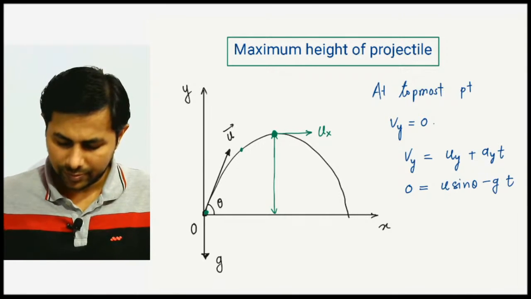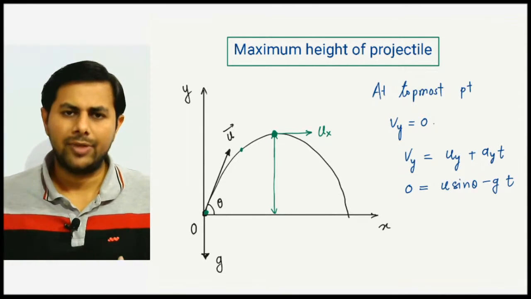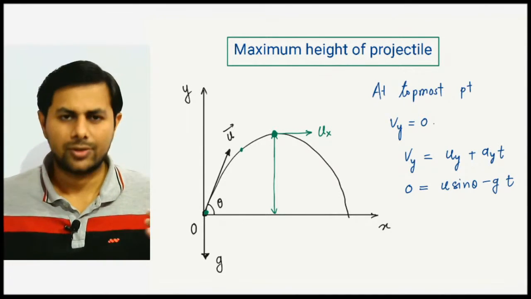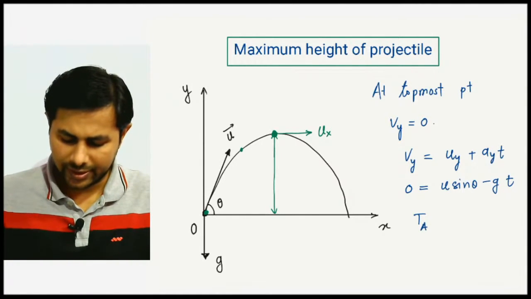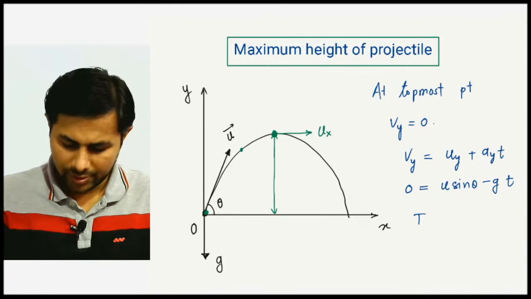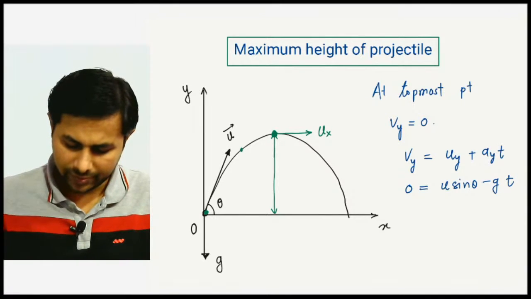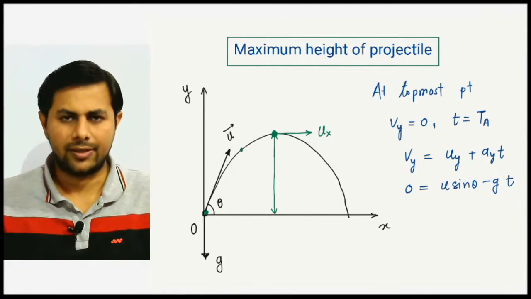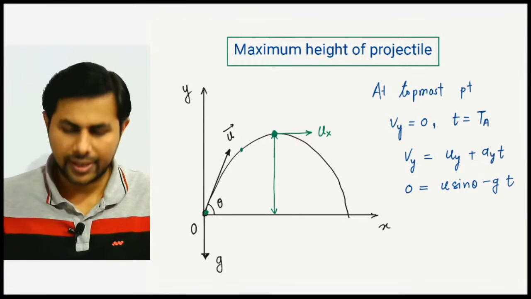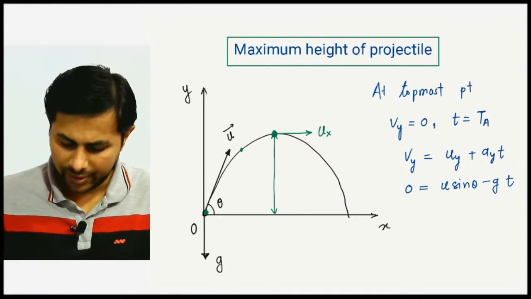Suppose the time taken by the projectile to reach that topmost position, we call it time of ascent. So at topmost point Vy is 0 and t equals, let's suppose, t suffix a. So Ta is time of ascent.